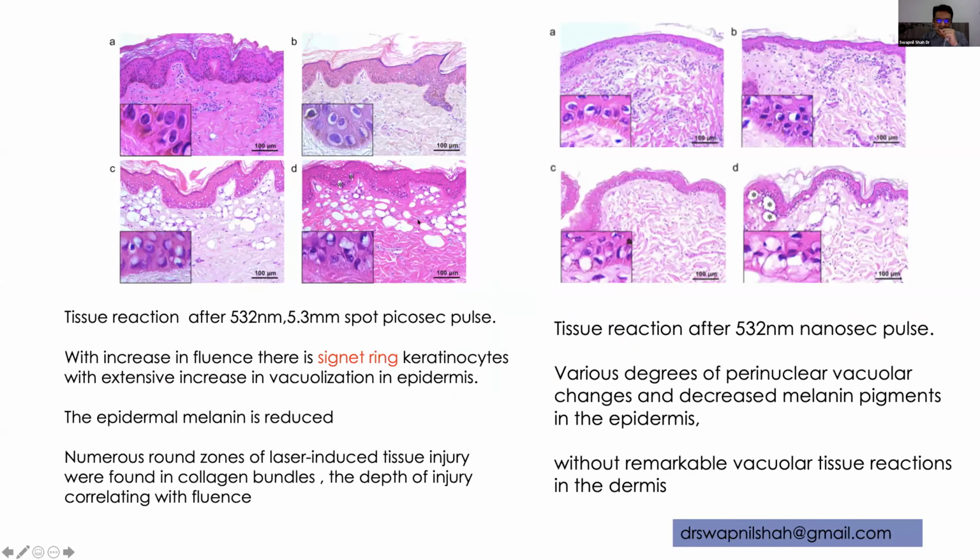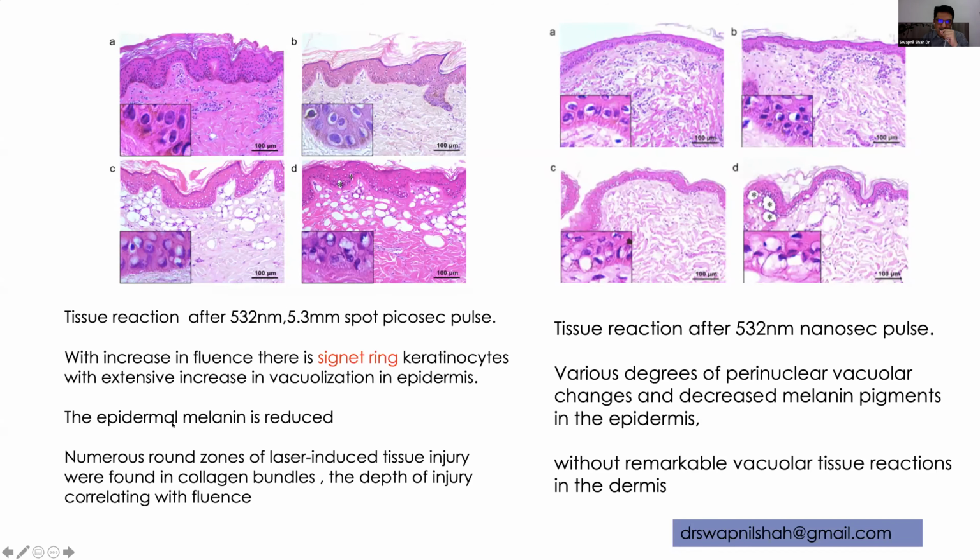And this is the classical histology of a pico compared with nano, and you can see the basic difference. This is with 532 nanometer, and again 532 nanometer in a nanosecond pulse. With pico, with increasing fluence, there are signet ring-shaped keratinocytes. If you see the keratinocytes, there is an intracytoplasmic vacuole, and the nucleus is pushed towards the periphery, which is known as signet ring keratinocyte, with extensive increased vacuolization in the epidermis, because we know 532 acts predominantly on the epidermis.